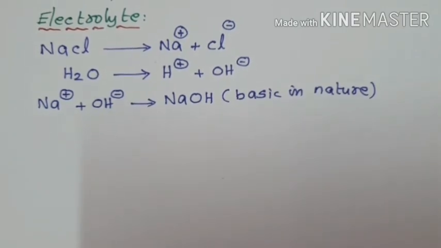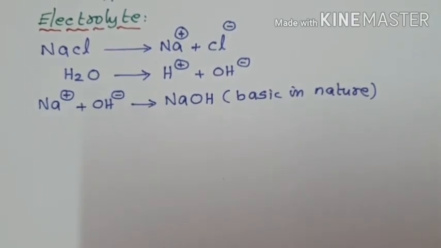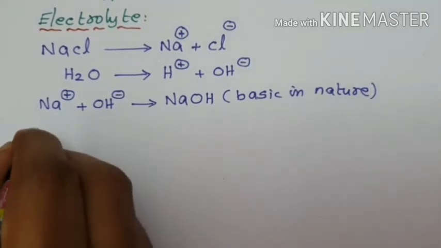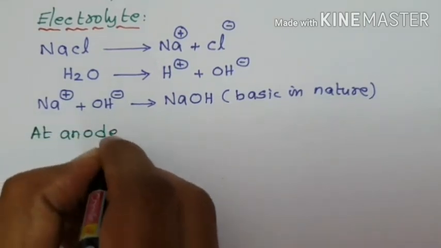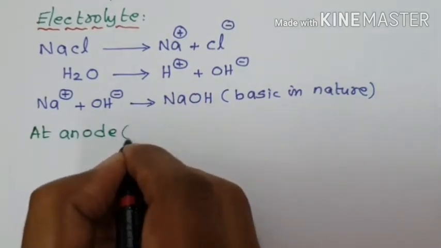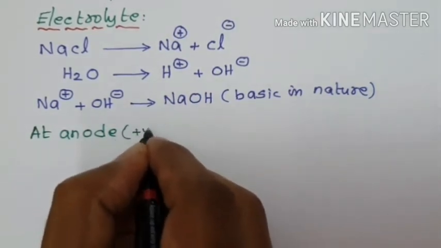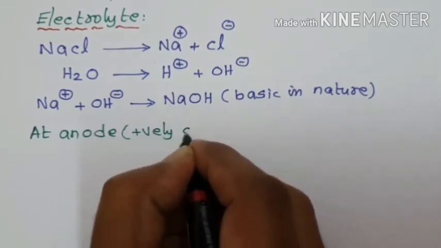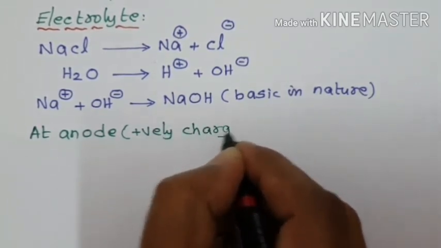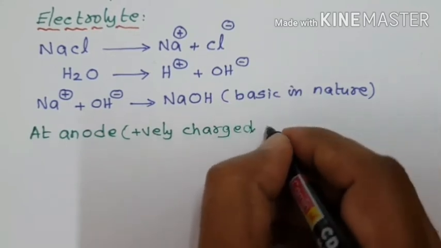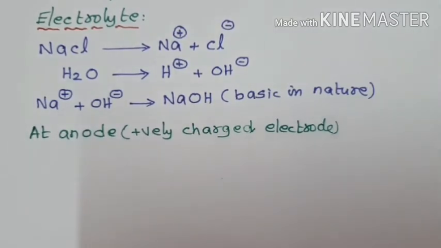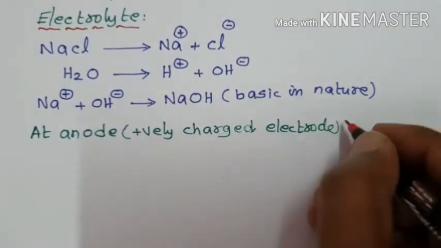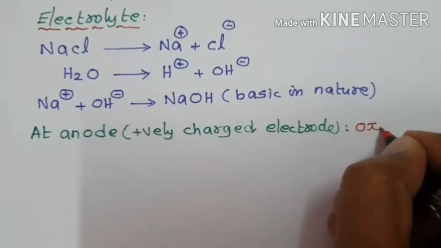Now, what reactions take place at the anode and cathode? The anode is the positively charged electrode, and an oxidation reaction takes place here.